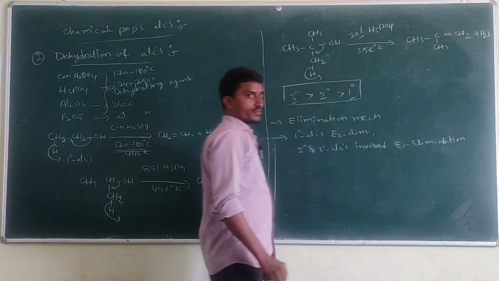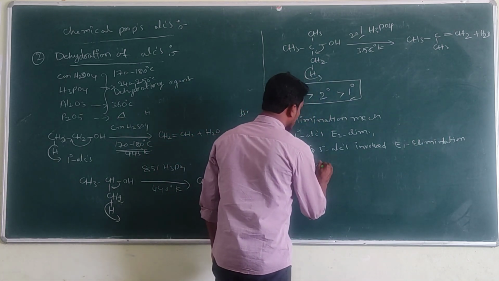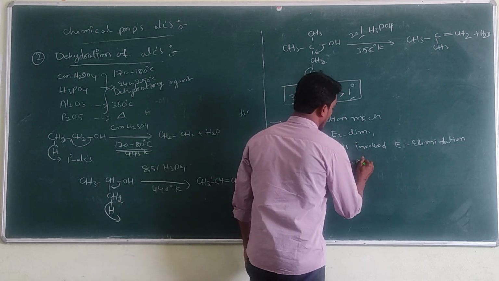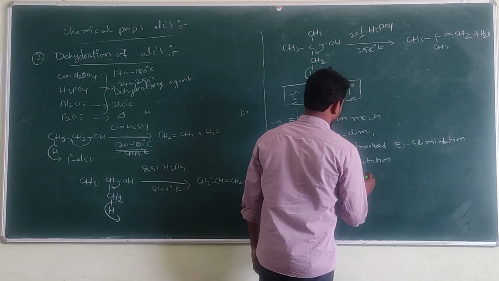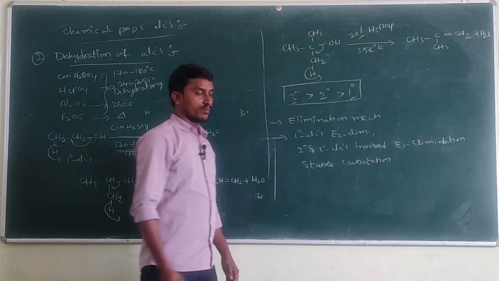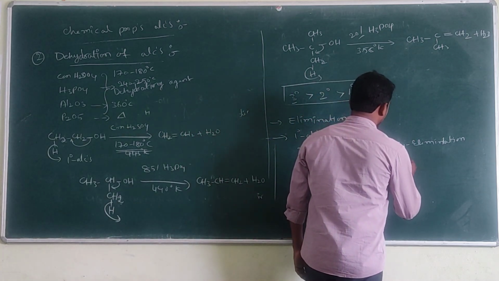In the E1 elimination mechanism, a stable carbocation is formed. Because of the stable carbocation, rearrangement is possible.